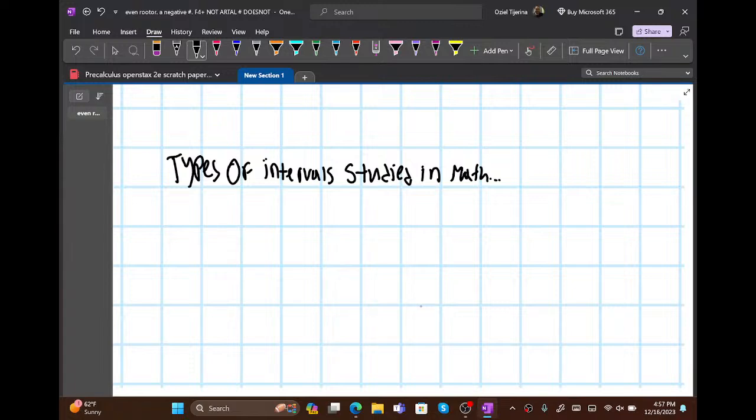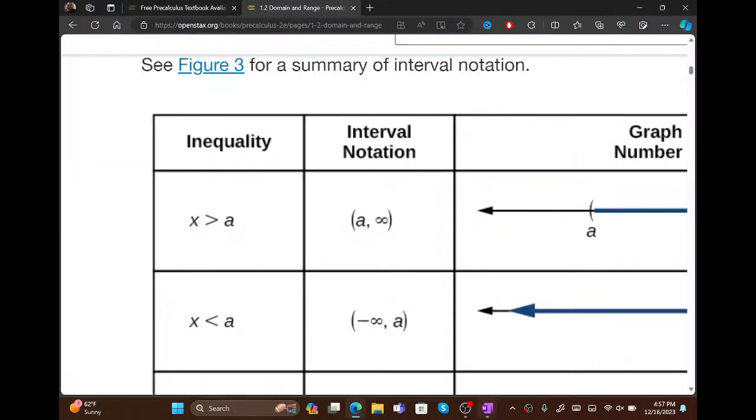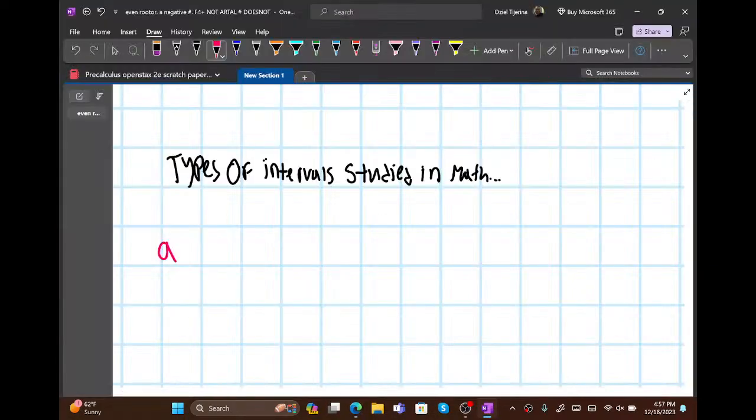One of them, let me look at the first one here, is x greater than some value a, okay?